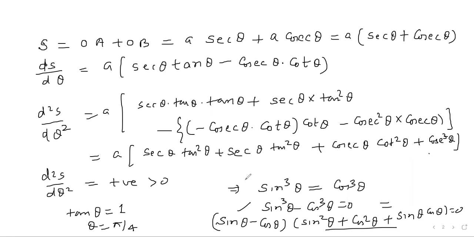Now the minimum distance can be found by putting the value of theta in this equation or here. So the minimum distance will be S equal to a times sec theta plus cosec theta, but theta equal to pi by 4. We put these values here.